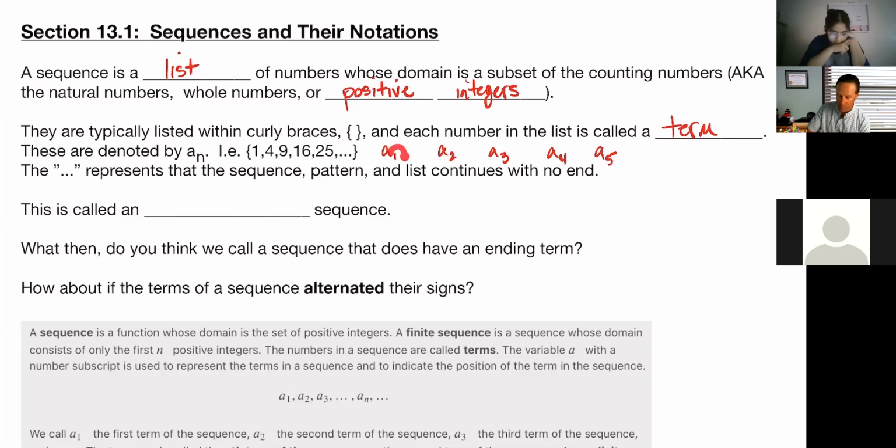So if I input this, I want to figure out how to find any term. We call it the nth term. And can anybody find that general term, they like to call it? The general equation that would give me any one of these things by putting in 1, 2, 3, 4, 5, or whatever?